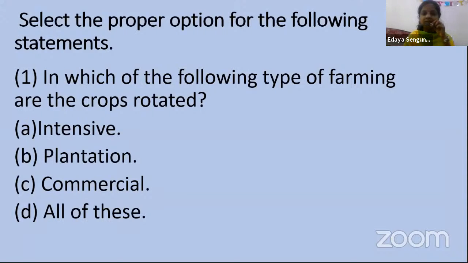Who is going to answer? Intensive. Yes, wow, very good. In intensive farming, the farmer is settled in a land and to retain the fertility of the land, he used to rotate the crop. Good, very good.